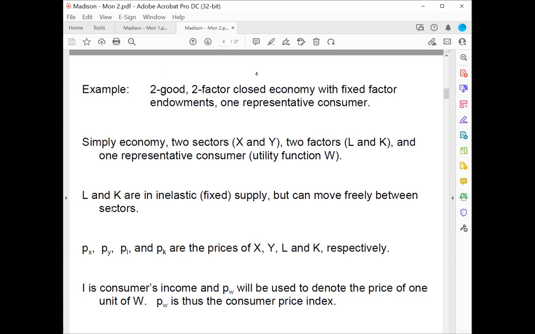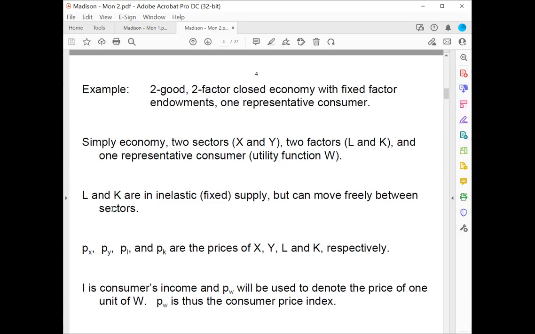And there's one representative consumer. So the term representative consumer means, well, there's 10 million of them, but they're all the same, meaning that we can treat them as facing fixed prices. So consumers are going to take their income and the prices for goods as exogenous parameters, but they're of course endogenous in the general equilibrium model.